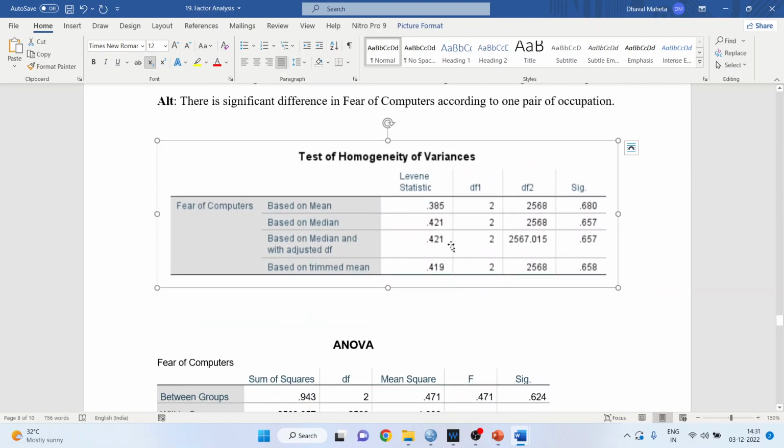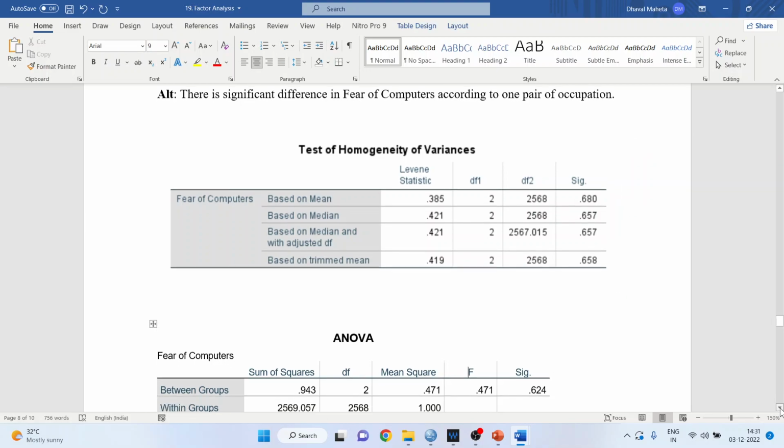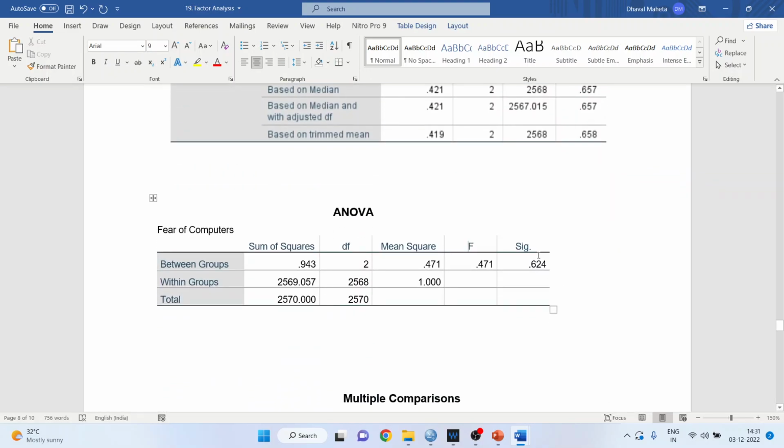The first thing which you should see is a test of homogeneity of variance. As the p-value of this test is more than 0.05, variances are equal, we got the value of ANOVA, which is 0.624. SIG value is 0.624. And on that basis, multiple comparisons have been done.